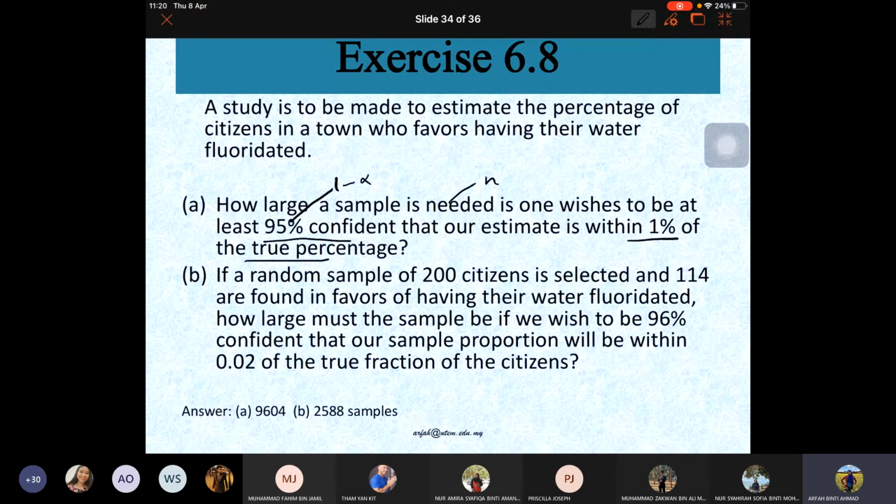Okay, so apa yang dimaksudkan dengan 1% of the true percentage? So adakah dia bagi nilai P, adakah dia bagi nilai Q in this question? Soalan A. Oi, dia ada bagi nilai P dan dia ada bagi nilai Q tak? P hat and Q hat.